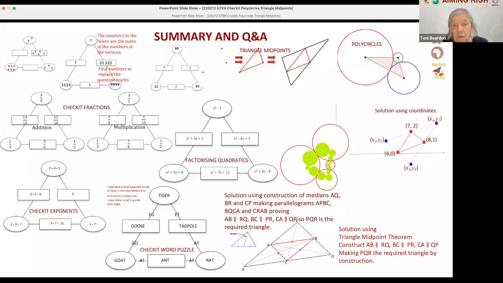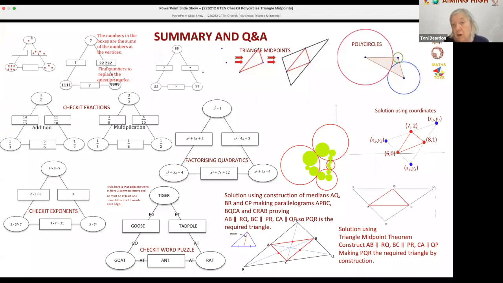That is, the medians of a triangle are the lines through a vertex and the midpoint of the opposite edge. So we can construct the medians, and do you remember, that gave us 3 parallelograms, APBC, BQCA, and CRAB. And that shows that you've got parallel lines there.